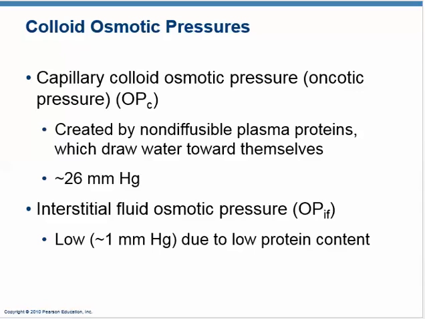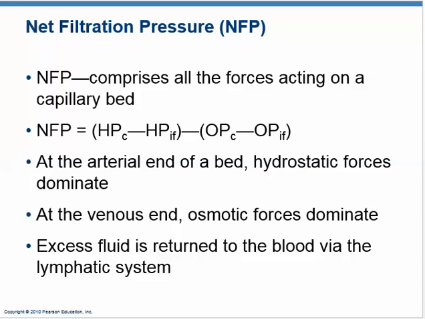So the osmotic pressure drawing liquid out into the interstitial fluid is very low. It's about 1, if that. So what we end up with are these net flows. We call this net filtration pressure. And really, it's all the forces acting on the capillary bed.